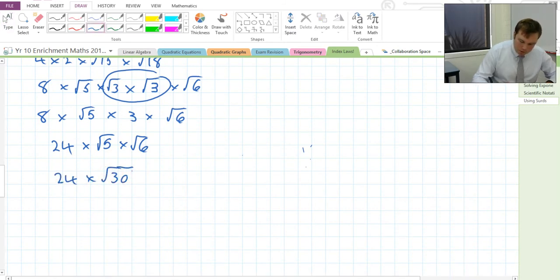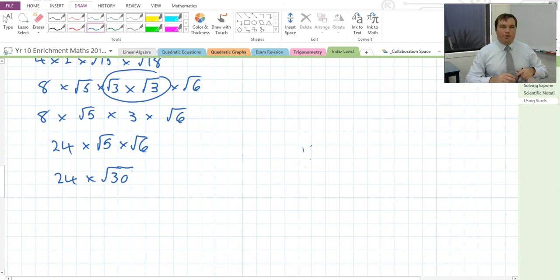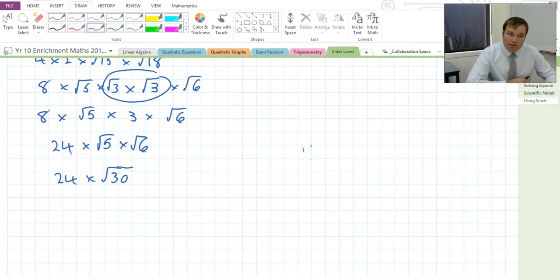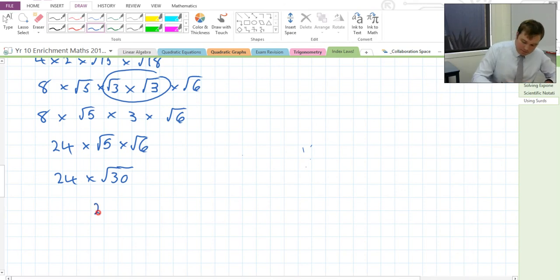What can we do with root 30 and pull out of root 30? Not a lot, really. 2 doesn't work because you get a 15 on the other side. 3, you get a 10, doesn't work. 5, you get a 6. No, leave it at that. That's our answer: 24 root 30.